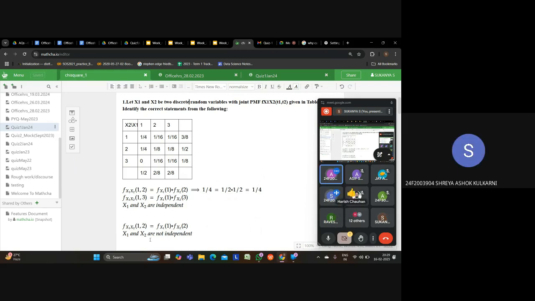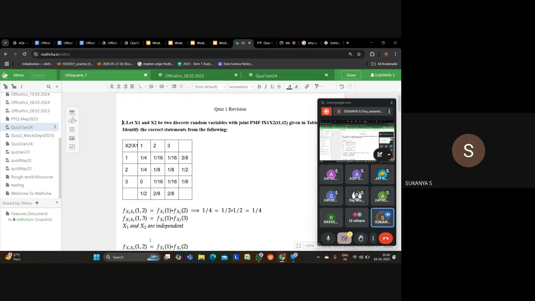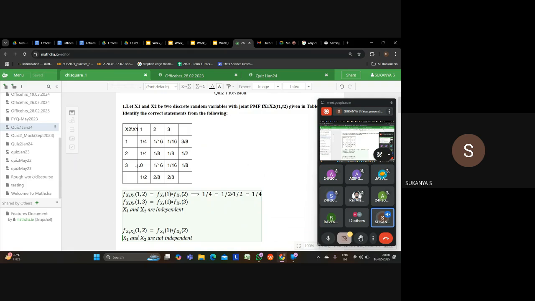Once again, I just said that if at all there is at least one zero cell, then we can surely say that they are not independent. That is for sure. But if two variables are not independent, it does not imply that none of the joint probabilities equal the product of their marginals.